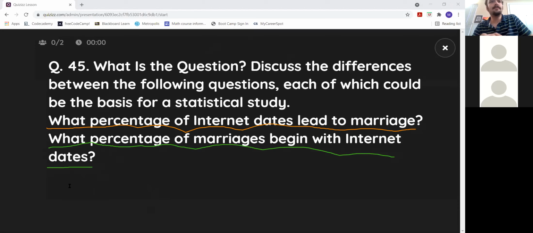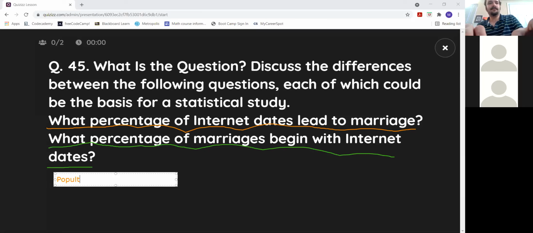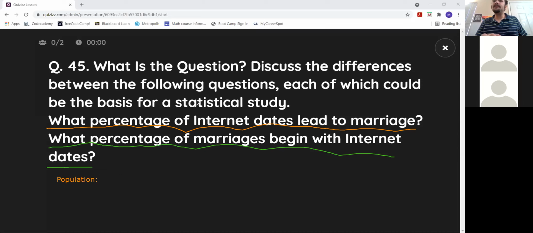So if I want to know what percentage of internet dates lead to marriage, what's my population in that first one? If I go out there and I want to sample people for this first question, where am I going? Am I going to people that dated on the internet, or people that are married? Of internet dates.